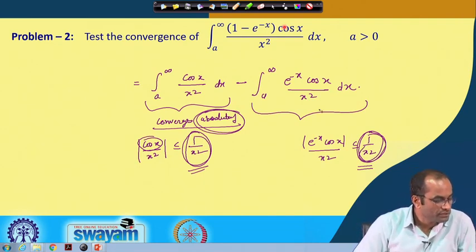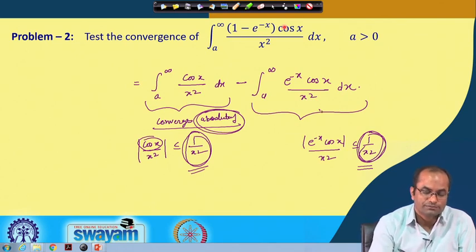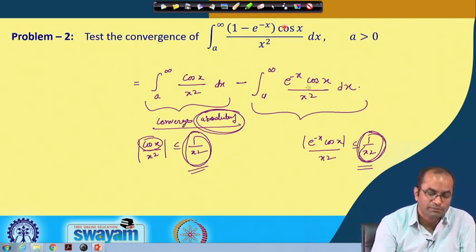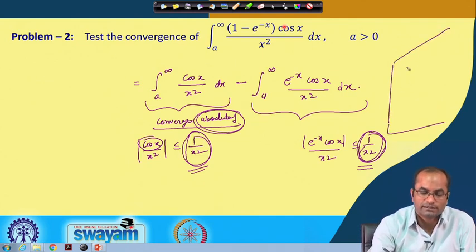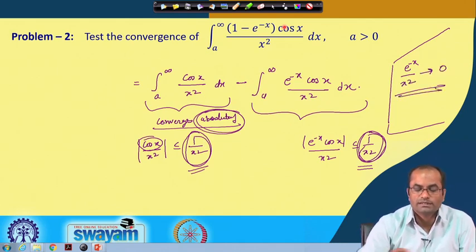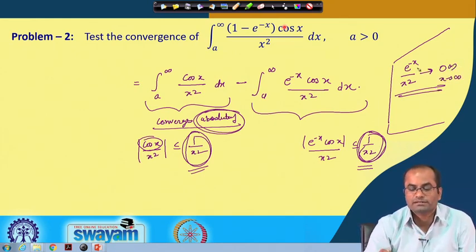We can also use the Dirichlet test here. If you want to use the Dirichlet test, we can take the function e power minus x over x square, and this function approaches 0 as x approaches infinity. It is a monotone function: e power minus x is decreasing and 1 over x square is also decreasing.